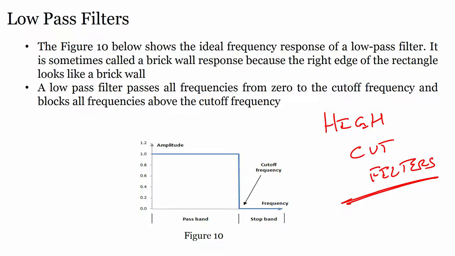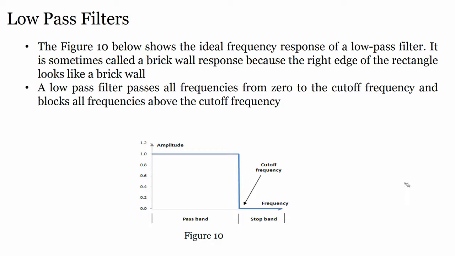If you see the graph on the slide, what do we see? Figure number 10 shows the ideal frequency response of a low pass filter. The y axis is amplitude, the x axis is frequency.